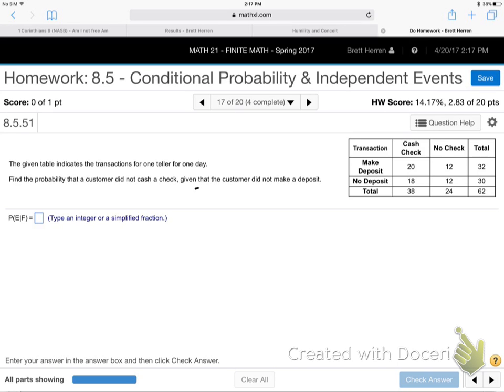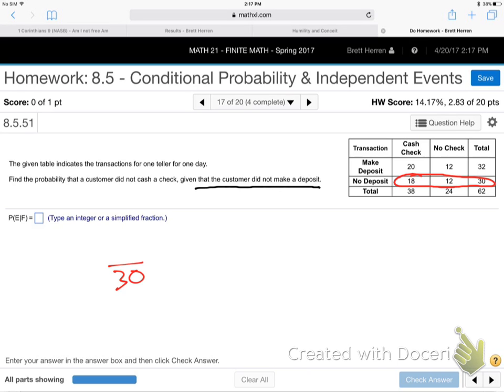That limits our field. So what's given? The customer did not make a deposit. So where's that? That's this row, the no deposit row. And so the denominator is the 30.